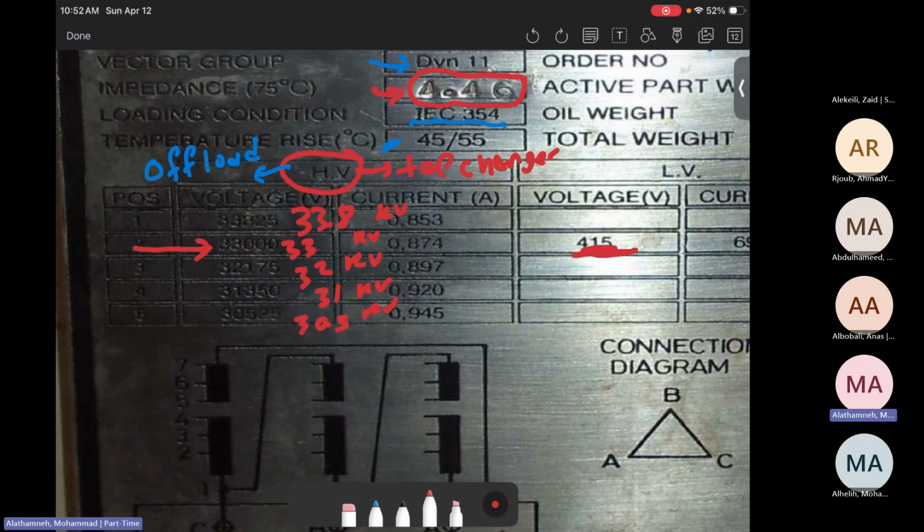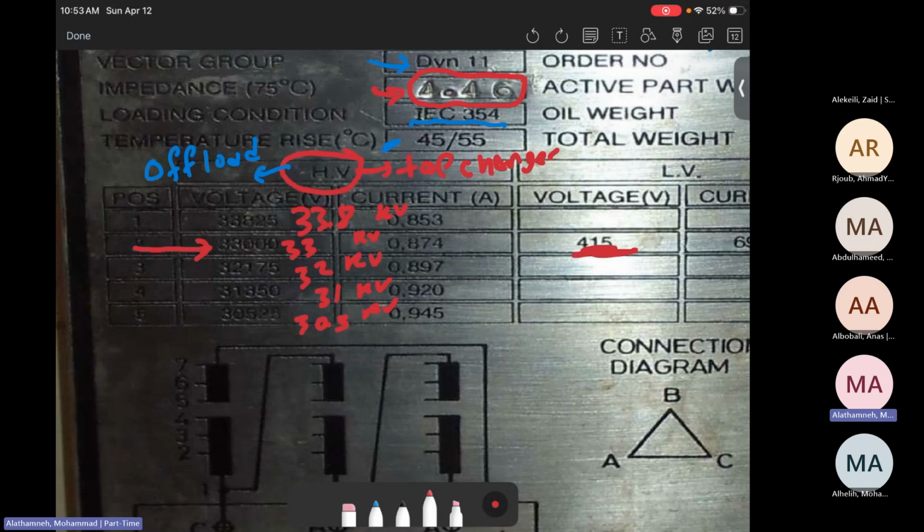Or another example: assume there's a heavy load in that neighborhood. Then the customers at the far end are receiving a voltage around 180 volts. This is too low with respect to 230 volts. Therefore, the customers file a complaint, the utility comes and does an investigation, and they realize we need to increase the tap changer settings.